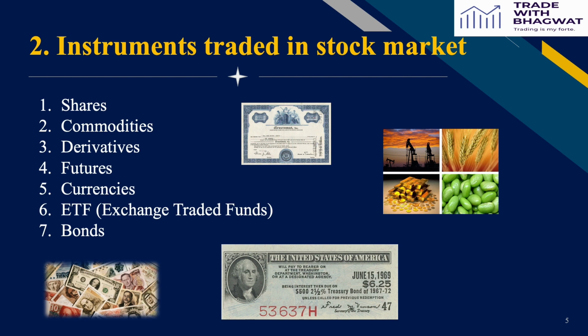Then exchange traded funds, this is very simple and plain, nothing major. And then the bonds: we give a loan to the company based on some paper, and for that the company is going to pay us a specific return, whatever they mention in that particular bond.